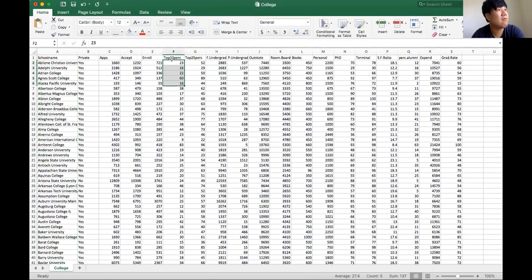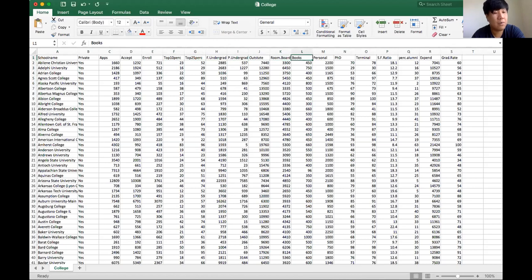Okay. Let me clarify this one more time. This is the percentage of new students from the top 10% of high school class, and this is the percentage of new students from the top 25% of high school class. This is the number of full-time undergraduate students. This is the number of part-time undergraduate students. This is out-of-state tuition, and this is room and board cost.